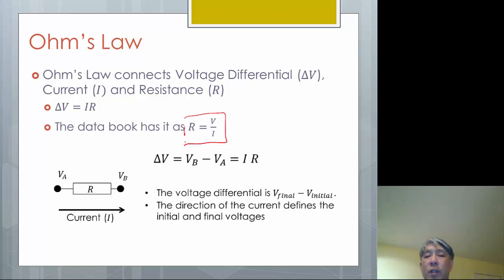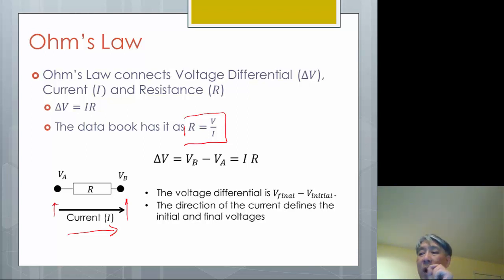Each resistor has its own voltage differential, or another term I'll use is voltage drop, because the voltage drops from point A in this case to point B because my current is going in that direction. Remember, current is going downhill from a higher potential to a lower potential.